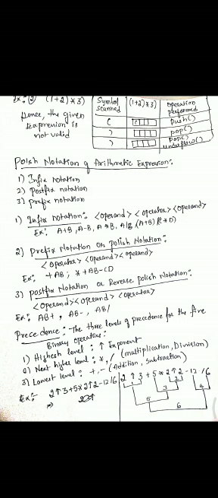If the operator is placed between its two operands, we call the notation infix: operand, operator, operand. For example, a plus b, a minus b, a into b, a by b, a plus b divided by c into d. These are examples of infix notation.